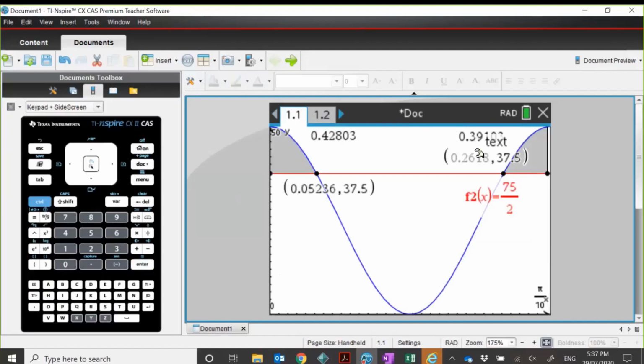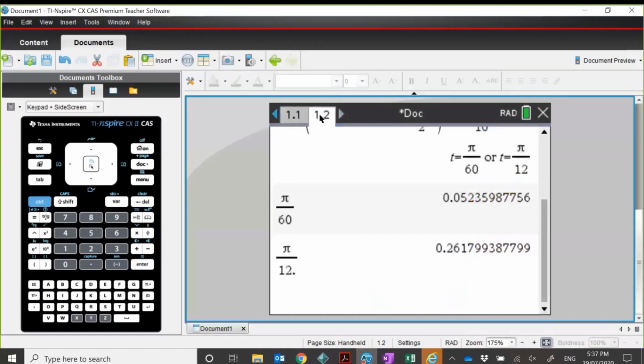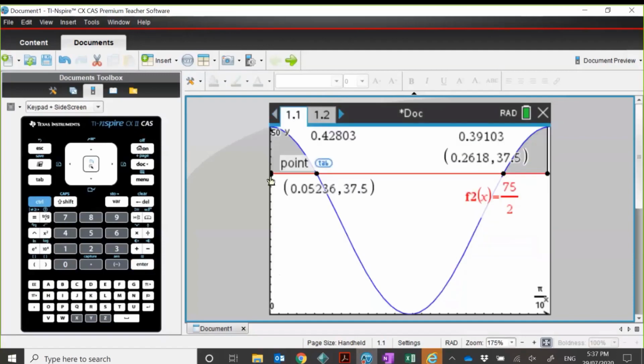So to answer your question, you would say that the height is above 75/2 in between 0 and pi on 60. Just check it was pi on 60. Yes, it was. So in between 0 and pi on 60, and between pi on 12 and pi on 10.